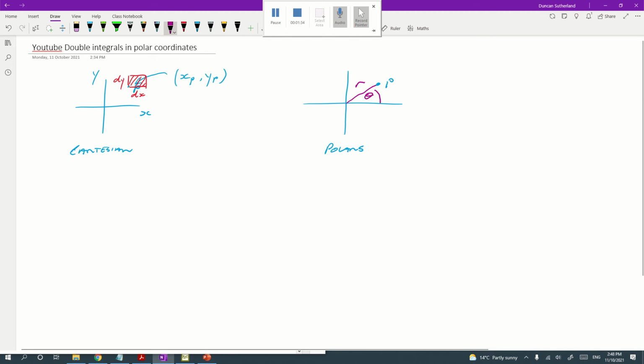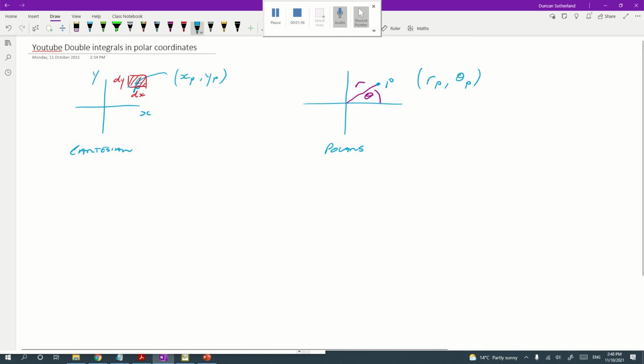The idea is that we've got a different representation of our points. We've got some radius and we've got some angle, which still specifies point P uniquely. So our coordinate pair in this case is rP, thetaP in polar coordinates.